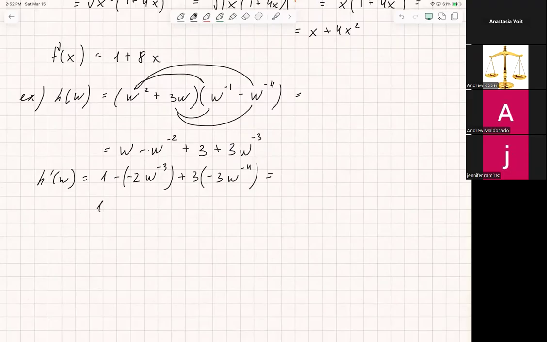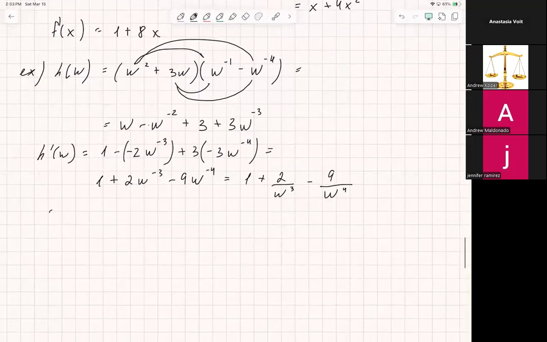We get 1 plus 2w to the -3rd power minus 9w to the -4th power, which is 1 plus 2 over w cubed minus 9 over w to the 4th power. Or again, you can leave it like this or write it like this. This is a nicer way. Everything is simplified, but I'm okay with you leaving it like that.